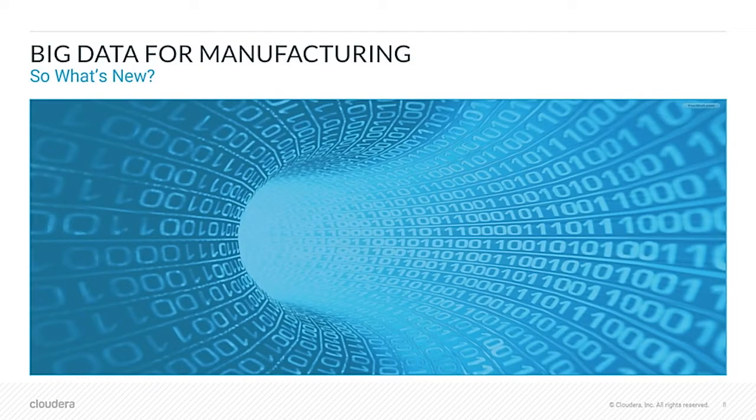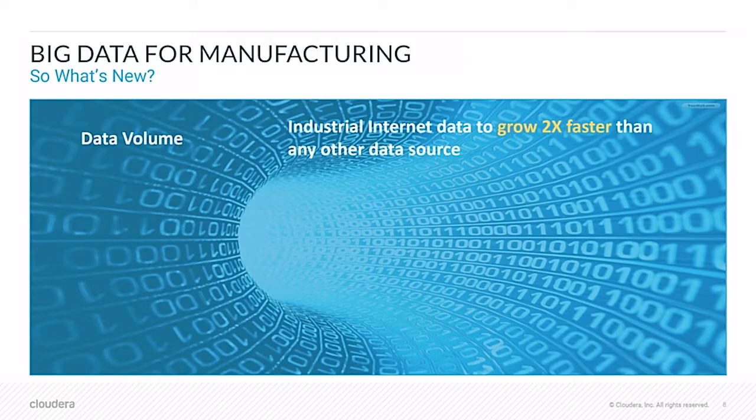So why now? Why suddenly are people having this interest in Industry 4.0? There's a few really important factors. First of all, data volume, right? Why is data volume new? First of all, the cost of sensors has come down two-thirds over the last decade.